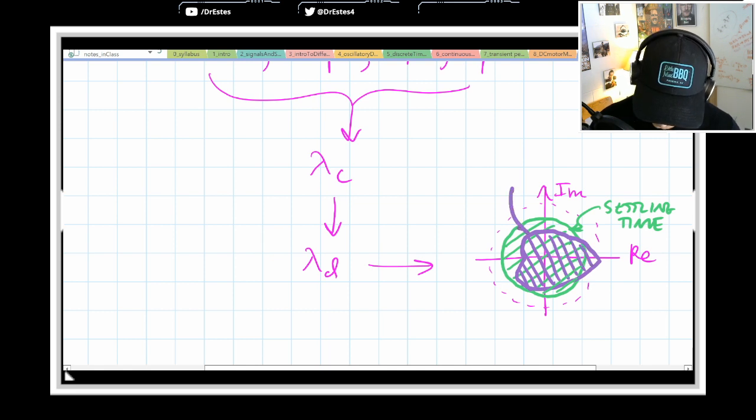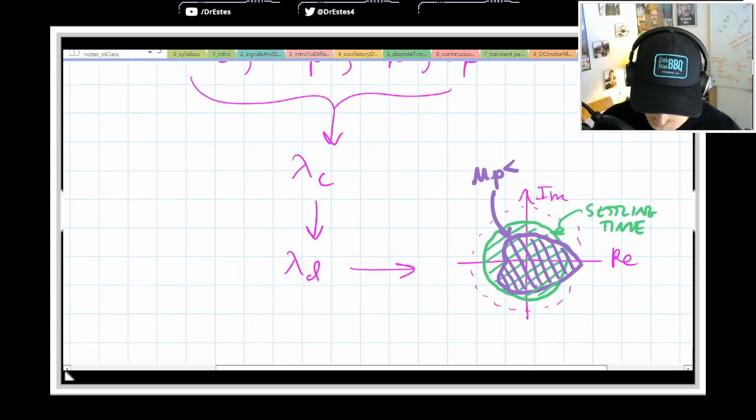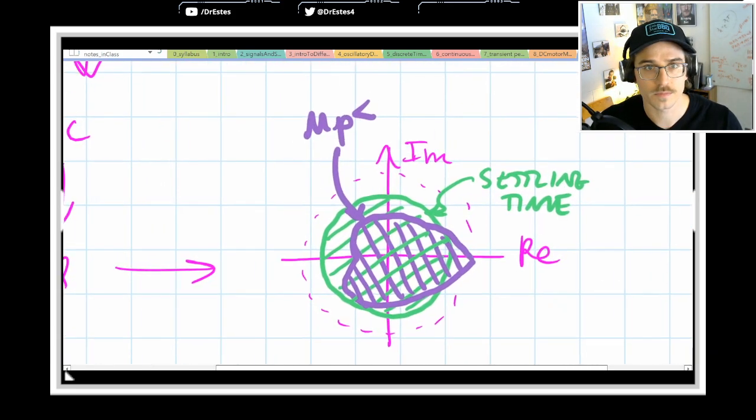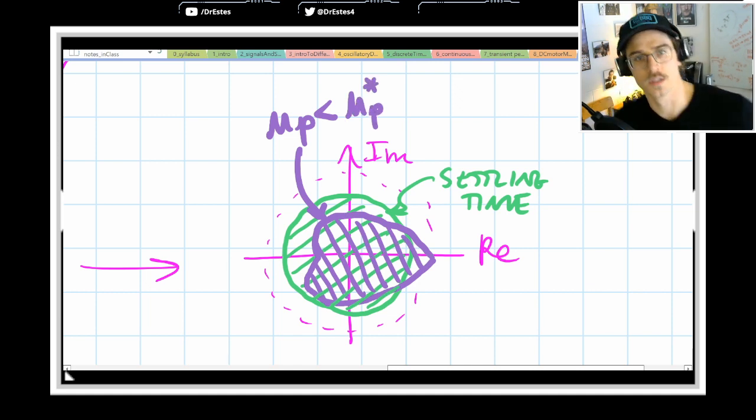What this would correspond to is overshoot less than something. I don't know if this would be like less than 20%, less than 30%. I'll just call it MP star. So settling time constraints look like this.